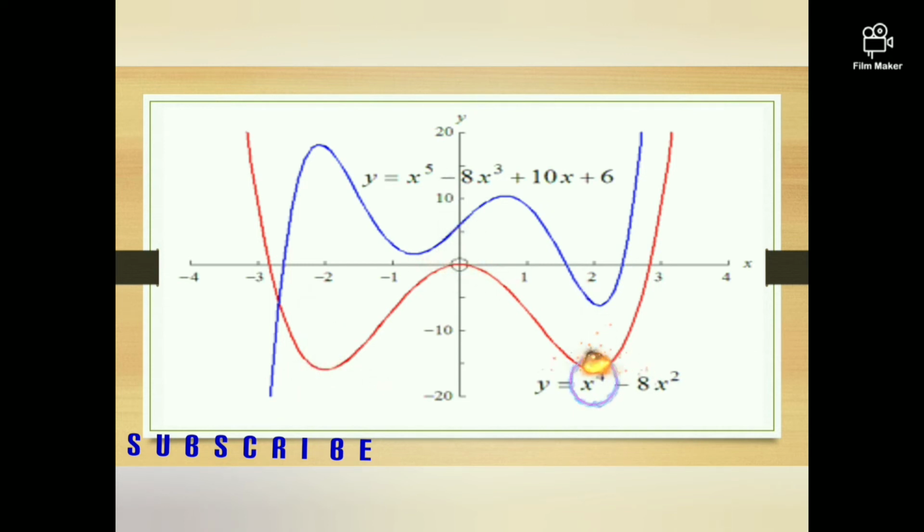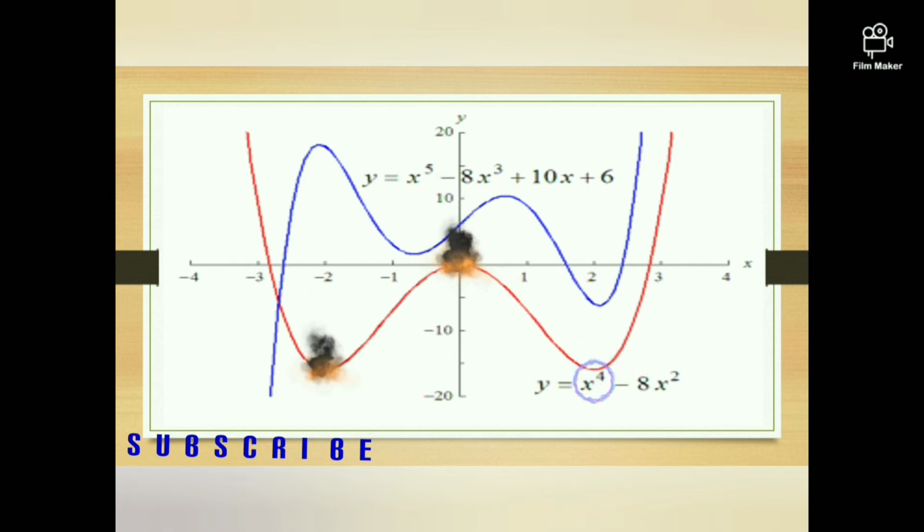Do you agree that for degree n of the function, n should be equal to or greater than 1? Yes, this concept works. For degree n greater than or equal to 1, the number of turning points is at most n minus 1.